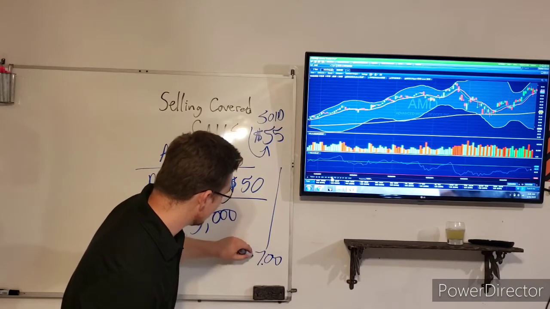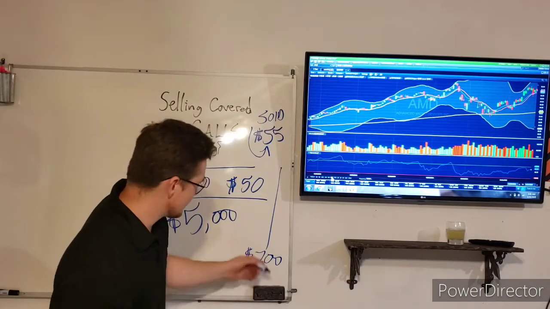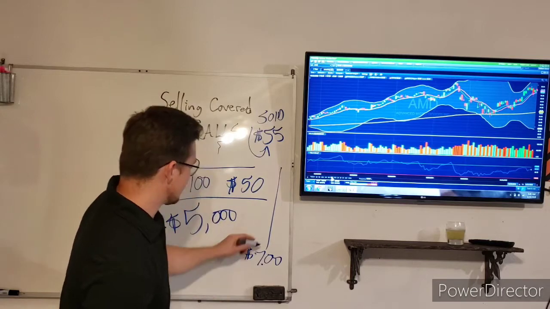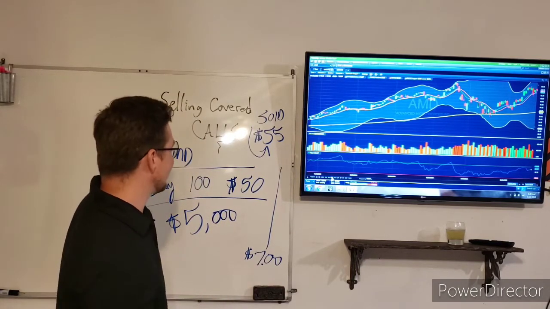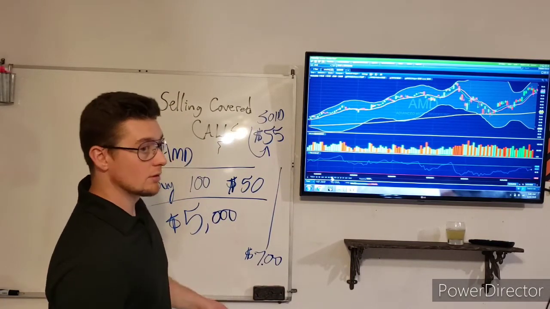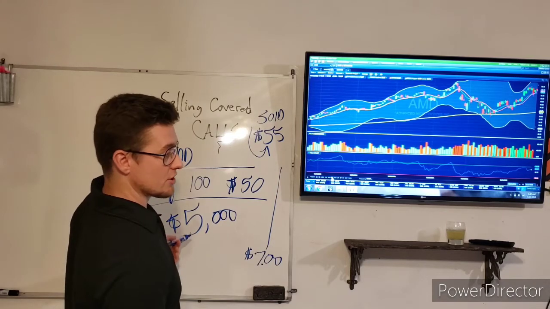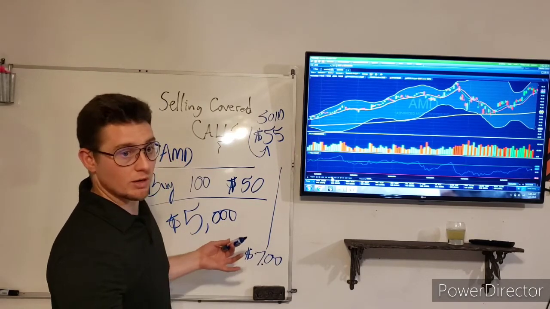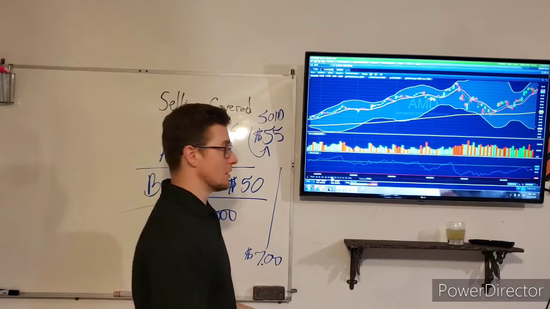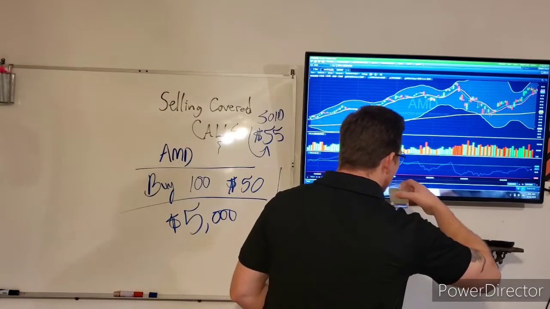It would look like $7, but times 100, that's 700 bucks. So you got your $700 credit, nice. That's $700 on a share cost of $5,000, so you're getting a little better percentage return because that's instant money in your pocket.